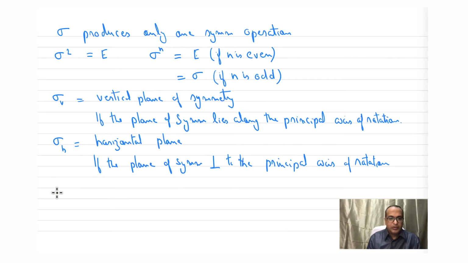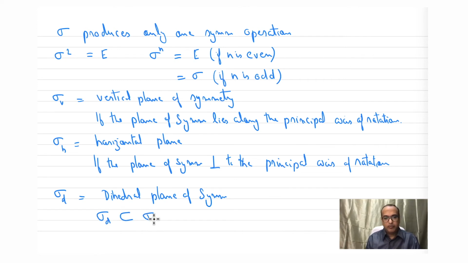Now let us look at the most crucial one, crucial in the sense that it is sometimes difficult to judge which one is sigma d and which one is sigma v. The dihedral plane of symmetry. Sigma d is a subset of sigma v.